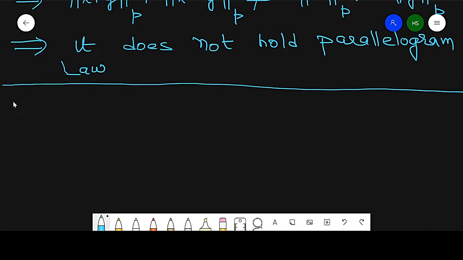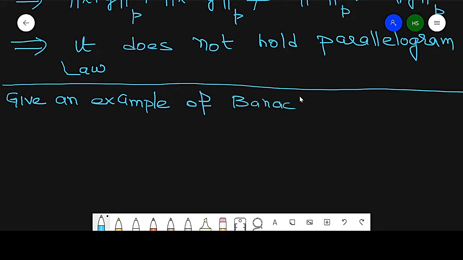So this can also be written as: give an example of Banach space which is not a Hilbert space.